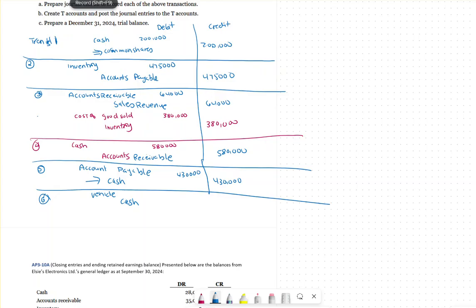So we debit the vehicle and credit the cash, and at this point we bought the vehicle for 36,000. So I will debit the 36,000 here. We credit the cash for 36,000 because we paid cash.